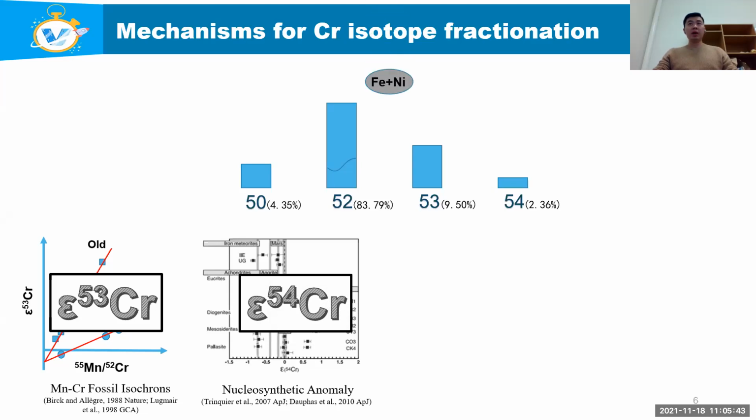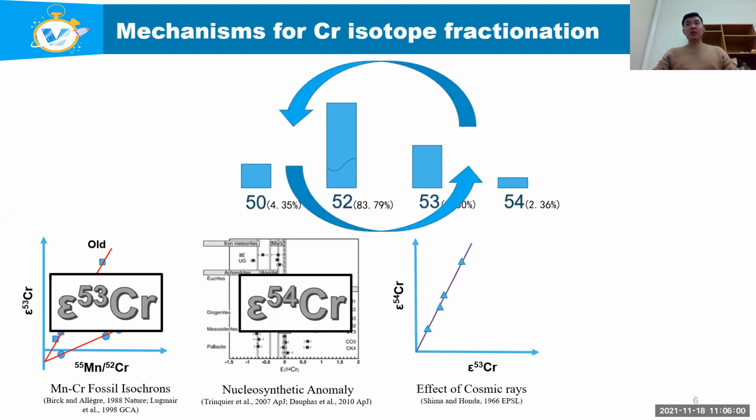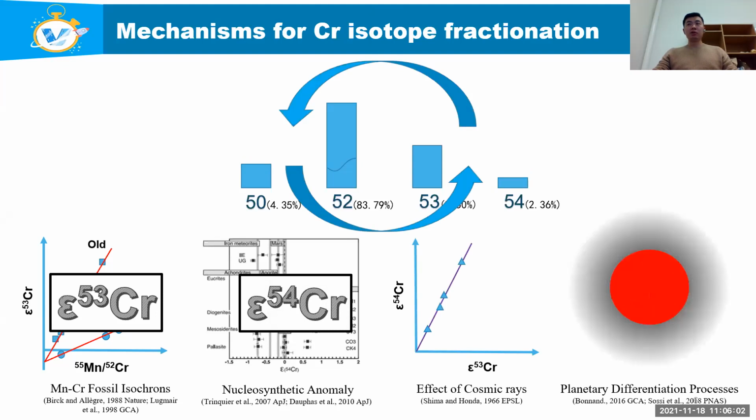A bad thing is that the chromium isotopes can be modified by the cosmogenic effect: galactic cosmic rays react with the iron-nickel metal to induce the ingrowth of all 4 chromium isotopes. Finally, I also study the mass-dependent chromium isotopes.